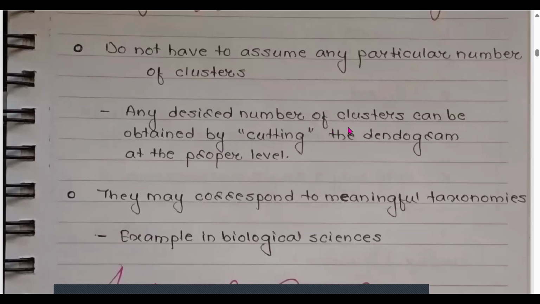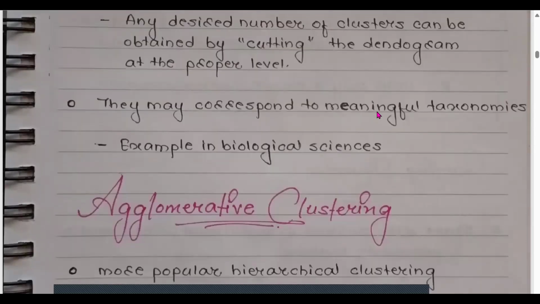Any desired number of clusters can be obtained by cutting the dendrogram at the proper level. They may correspond to meaningful taxonomies, for example in biological sciences.